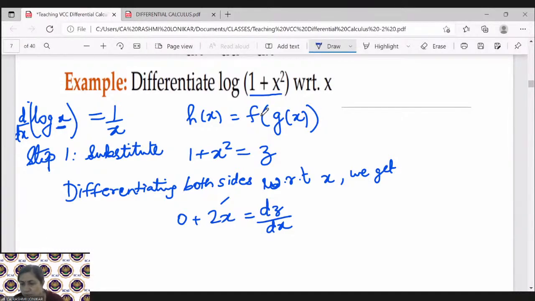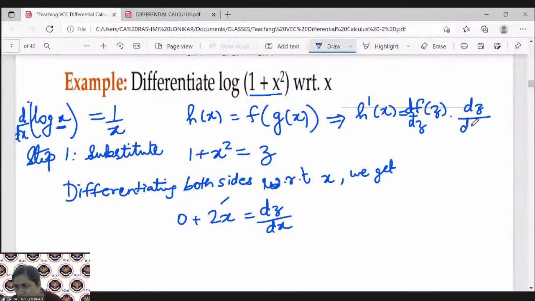So I know that when I have a function like this, what does the formula say? It says that h dash z will be equal to f of z, d by dz of f of z into dz upon dx.